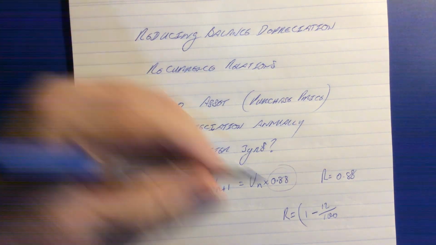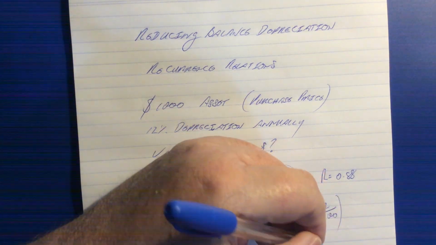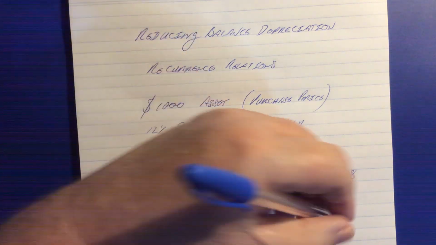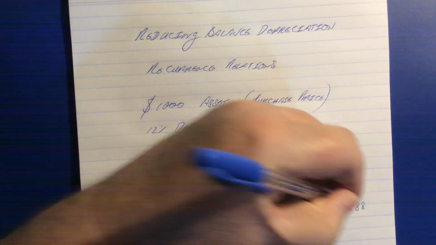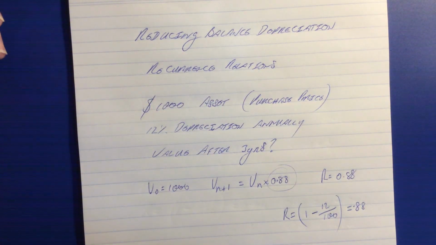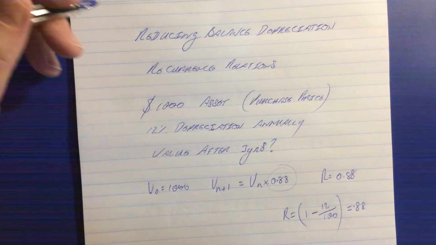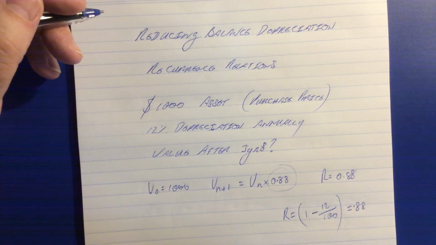The annual depreciation rate divided by 100. And you can pop that in a calculator if you want to, or you can take my word for it. It gives you 0.88, if we're being precise about this.